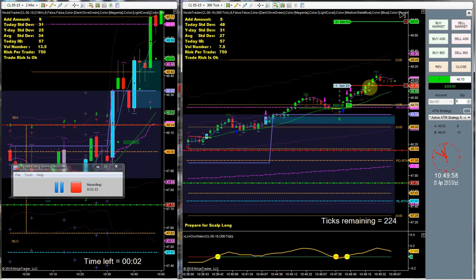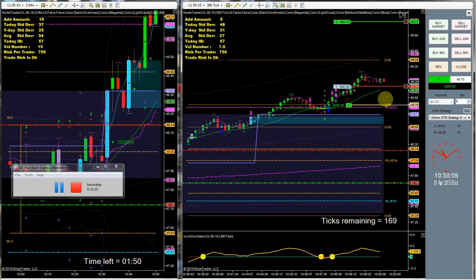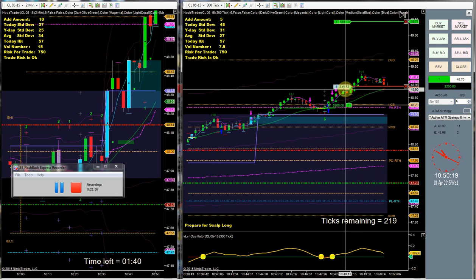Push this down a little bit. And this actually looks like it could be a good spot to enter a low volume node trade. Enter for 2 here. If that doesn't work, enter for 2 here. And let's move this down right there.